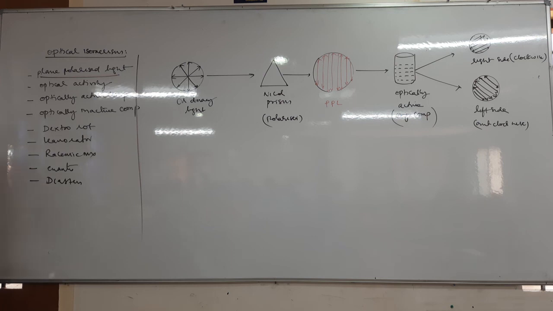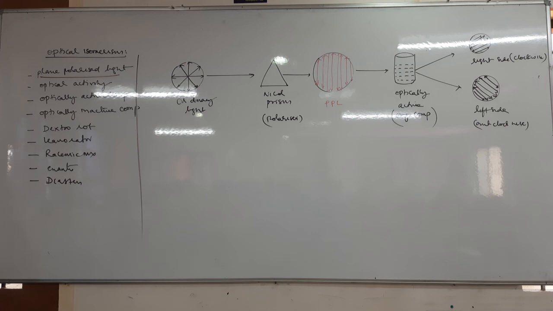The next point: the light whose vibrations occur in a single plane is called plane polarized light.